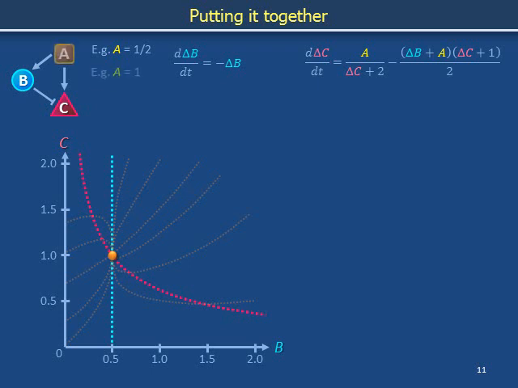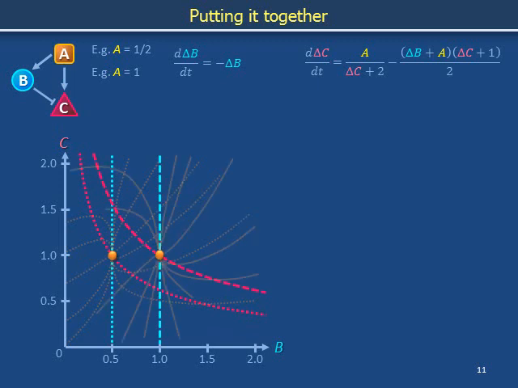When a is later equal to 1, its contribution to the production of B increases, so the system can sustain a higher level of B, moved to the right. But the increase in A also contributes to an increase in the amount of direct activation of C, lifting the red nullcline, meaning allowing the system to sustain elevated levels of C at given values of B, and thus moving the critical point horizontally to the right.